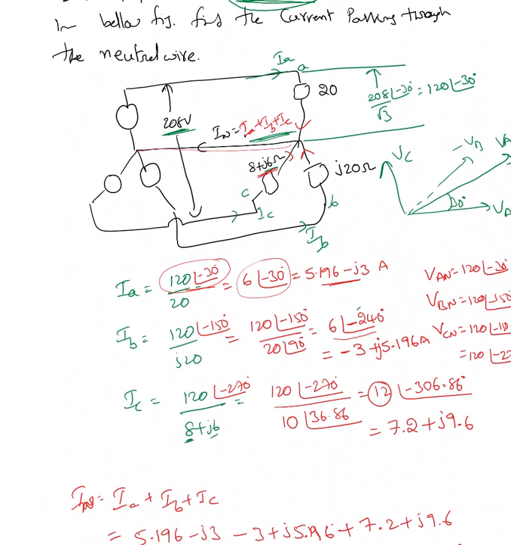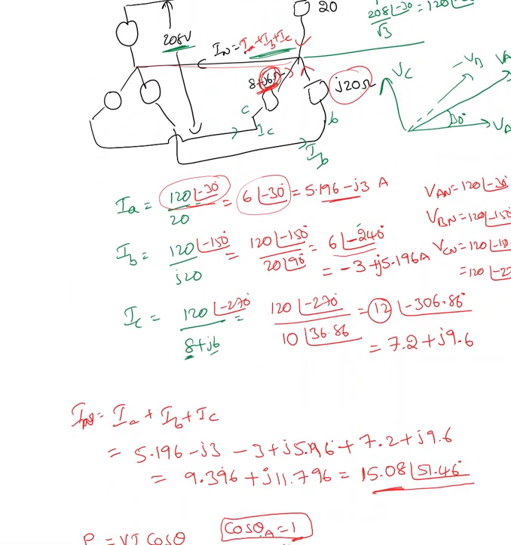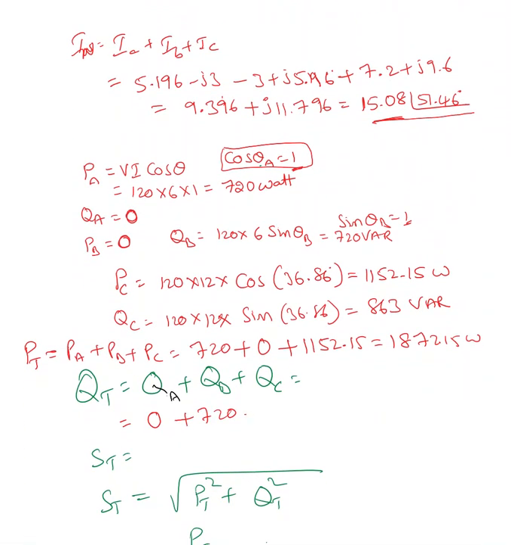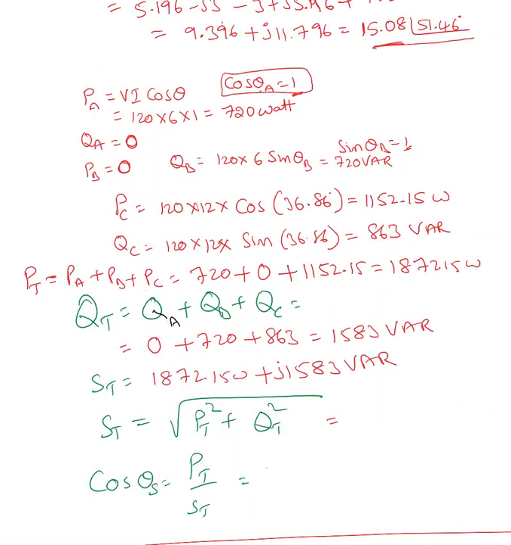This is an inductive load, and this is also an inductive load, so both of them are consuming reactive power. So 720 plus 863 gives the total. I found P total as 1872.15 and Q total as 1583. So S total is nothing but 1872.15 plus j1583. The unit for S is volt-ampere.